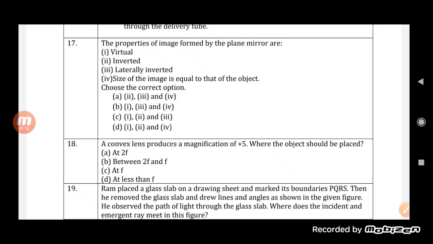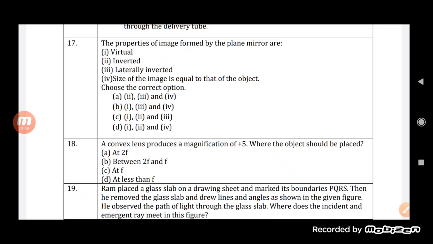Laterally inverted, yes, lateral inversion will be shown by the plane mirror, so this is also a correct option. And size of the image is equal to that of the object, that is also correct. Even the distance of the image from the mirror is equal to the distance of the object from the mirror.